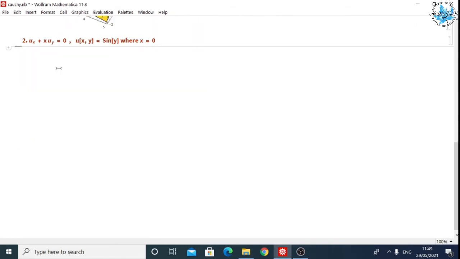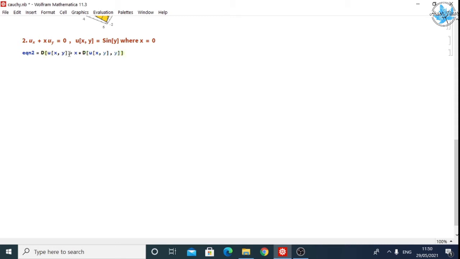So let's write the second equation: ux plus x uy equals 0. Let's write eqn2 equals capital D of u of x comma y, then plus x times capital D of u of x comma y with respect to y.